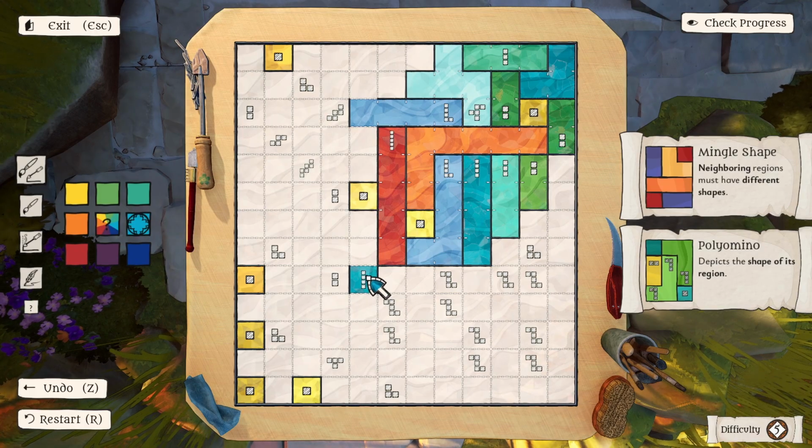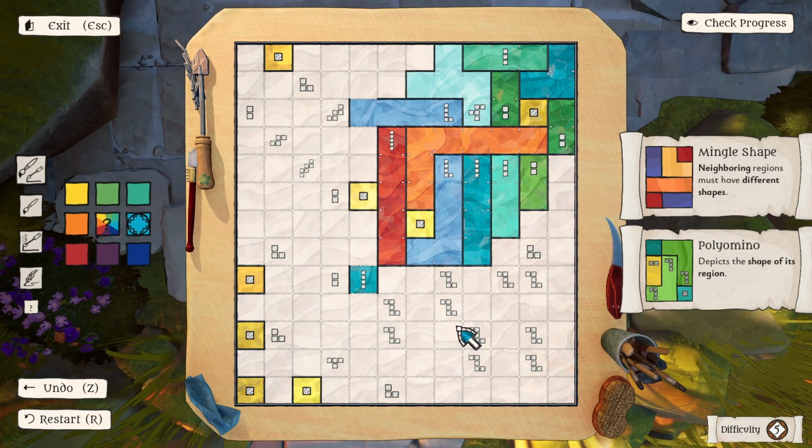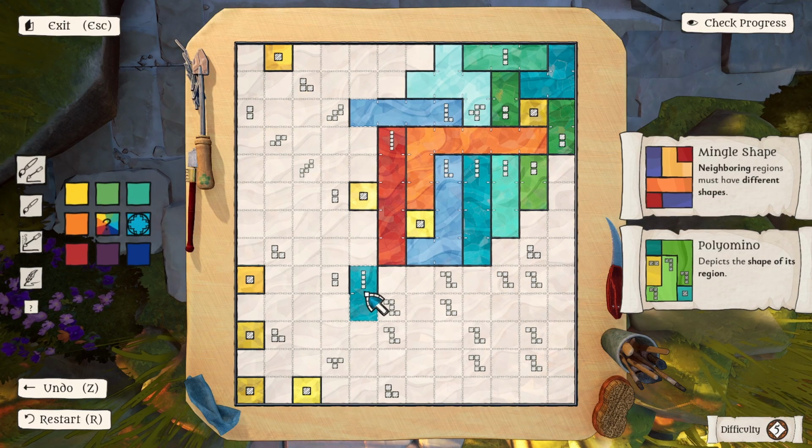There's no room. I don't know how far it goes. It's gonna have to at least take that.